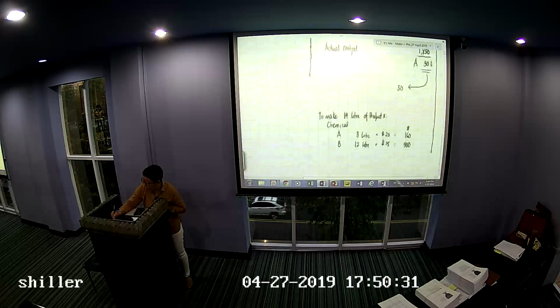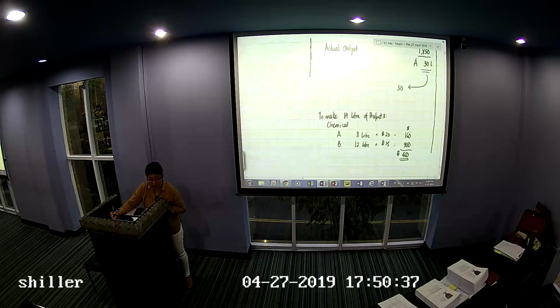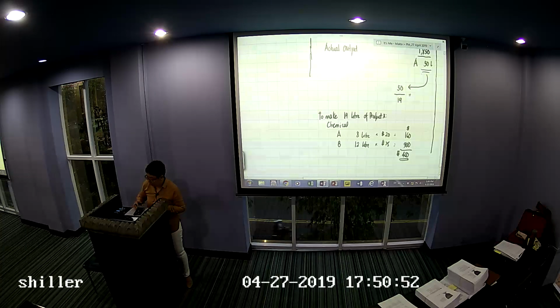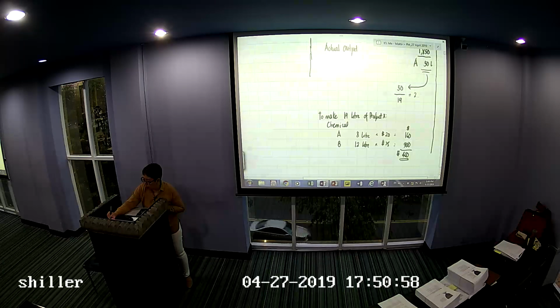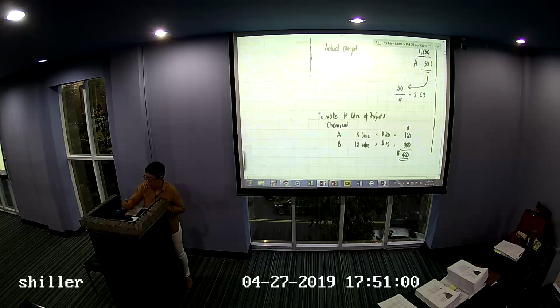So every 19 liters will cost 460. So this adverse quantity divided by 19: 50 divided by 19 is 2.63. Okay, round off.